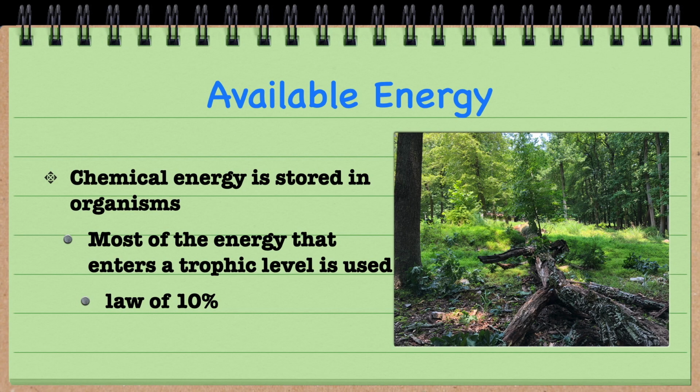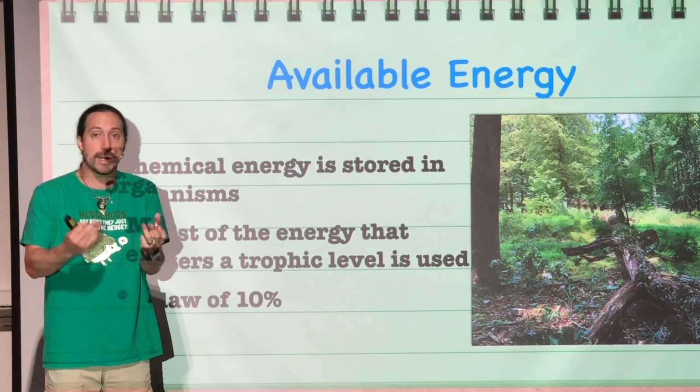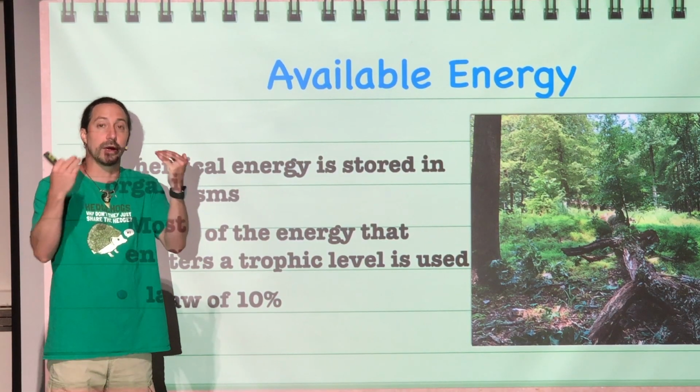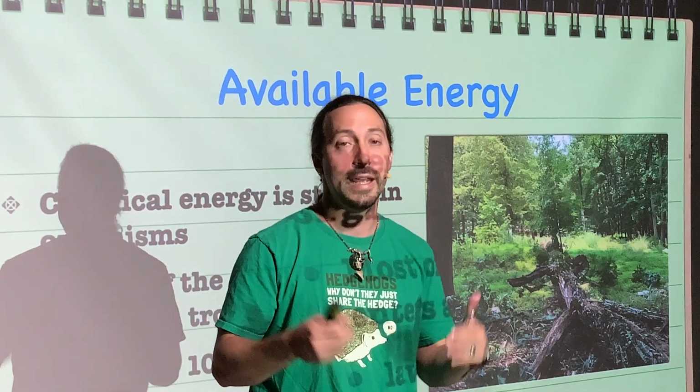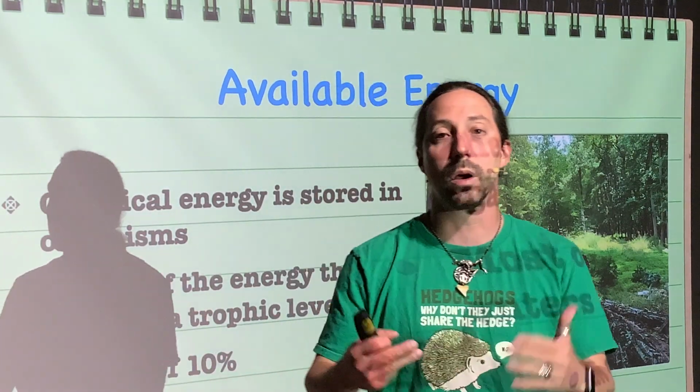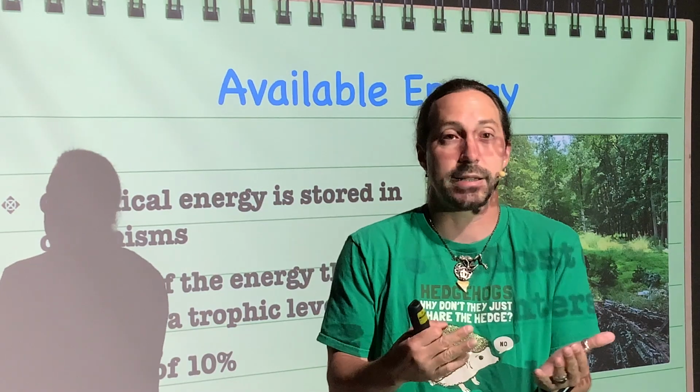This trend is actually due to available energy. The chemical energy that's stored in the organisms is going to also decrease as we move from one trophic level to the next. Most of the energy that enters the trophic level is either going to be used up or it's going to be lost as waste.